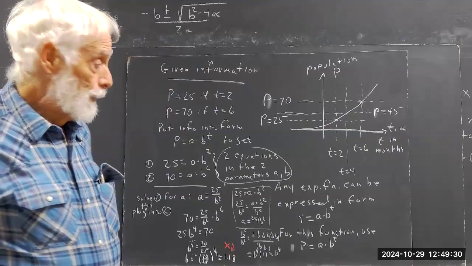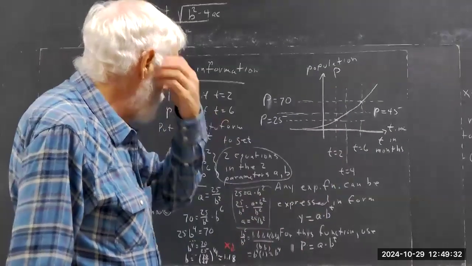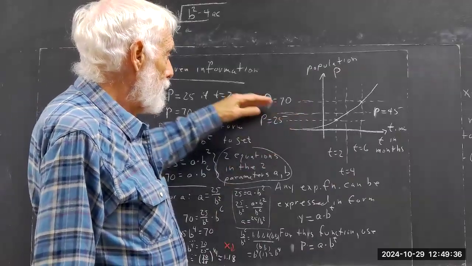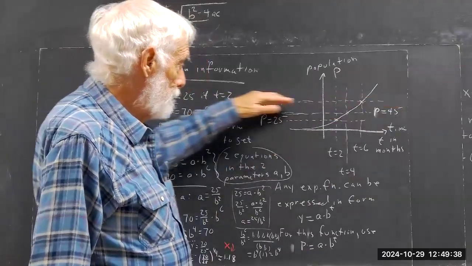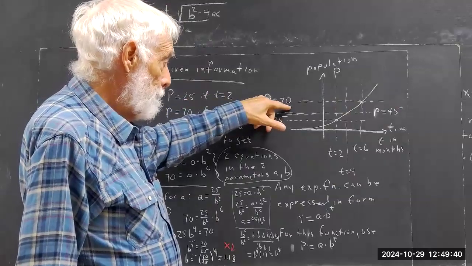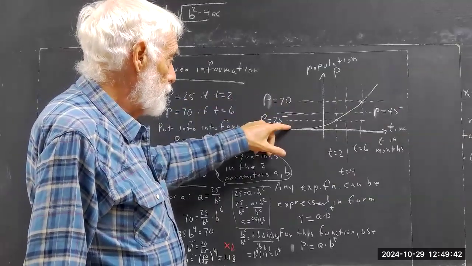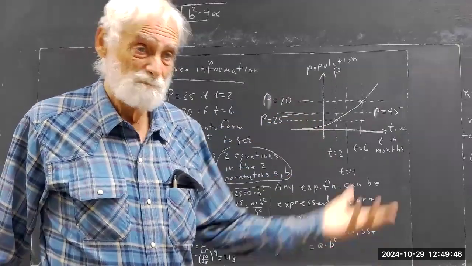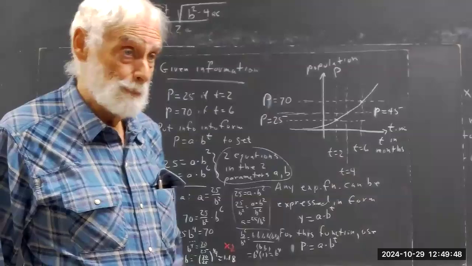And we didn't say anything about t equals 4. We said, okay, population here. People kind of chose 70. Okay. And then what's the population here? If that's 70, that looks like maybe 25. This makes sense.